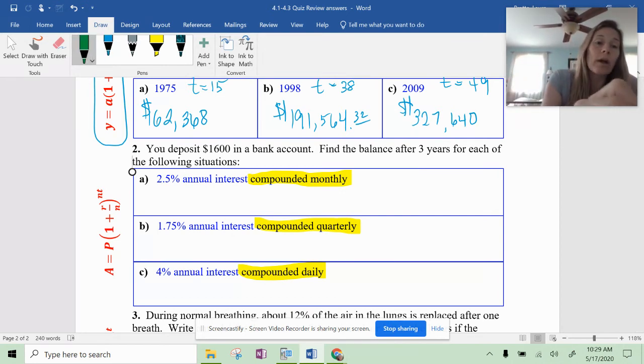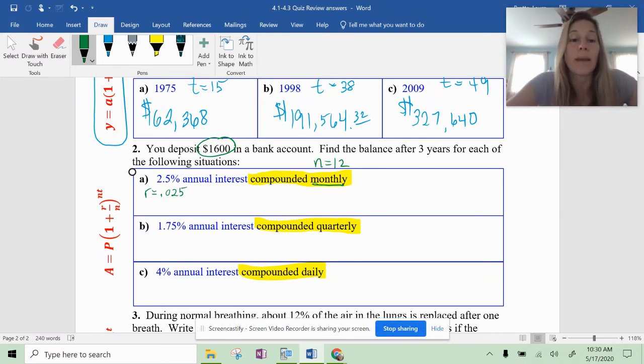So for this first problem, it's compounded monthly, which is an n value of 12, but everything else is the same. So your A is going to be the 1,600. Your rate is going to be 0.025. Be careful because a lot of people make a mistake and they write 0.25 and then everything's wrong.